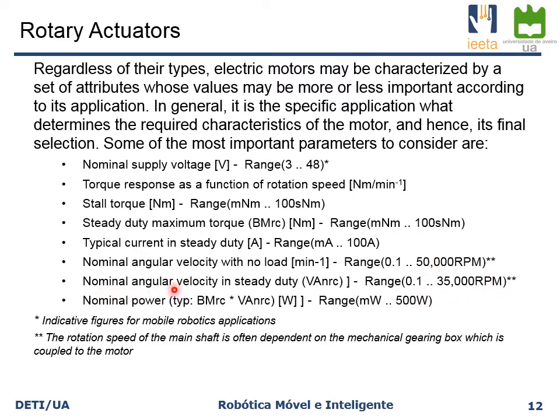Normally, the nominal angular velocity goes from 0.1 RPMs to 35,000 RPMs. Also, the nominal power, expressed in watts, can range from milliwatts to hundreds of watts, for the kind of applications that result in robots that can be used inside the house, let's say.